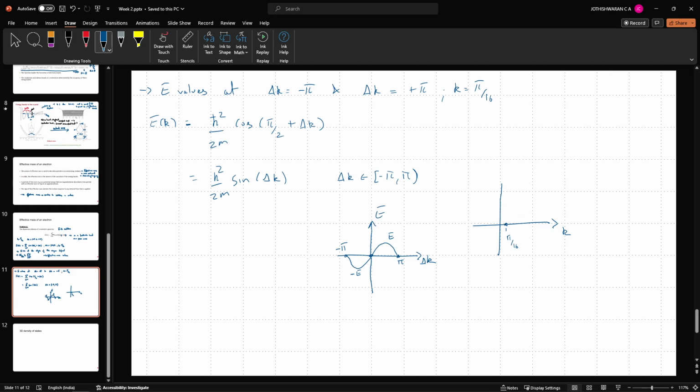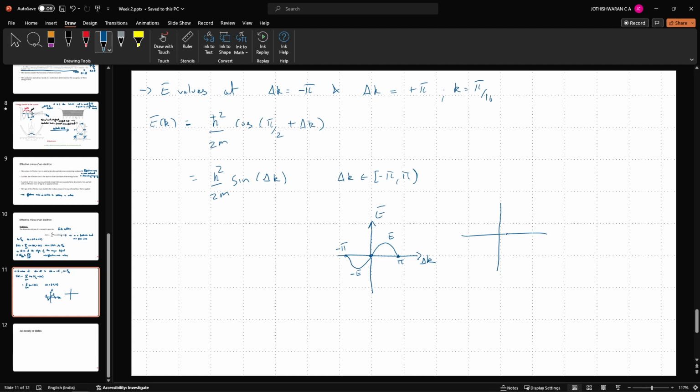And from here, we will move pi this direction and pi this direction, so it will no longer be symmetric here. Let me draw it slightly bigger. I drew big axes but small points. If I zoom in, the 0 will be at delta k equal to 0, but the value of k itself is not 0.